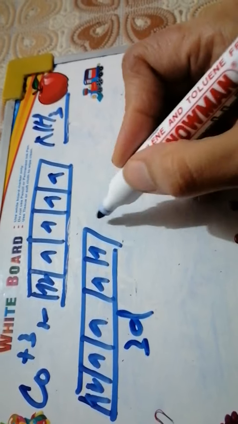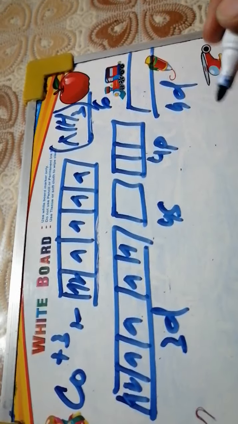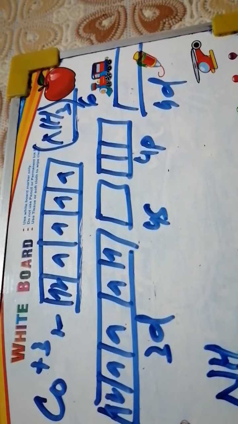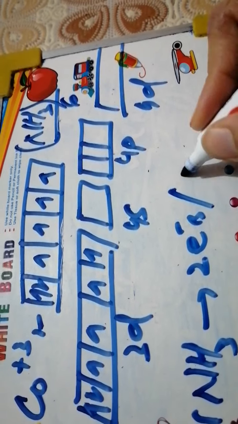Next to 3d we can have 4s, and then next to 4s we can have 4p, and then we can have 4d, right? Because we have 6 ammonias, we need 6 places. One ammonia will bring 2 electrons, a pair of electrons.